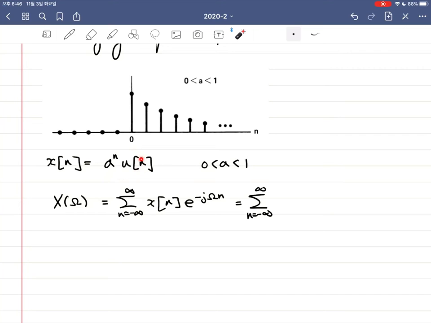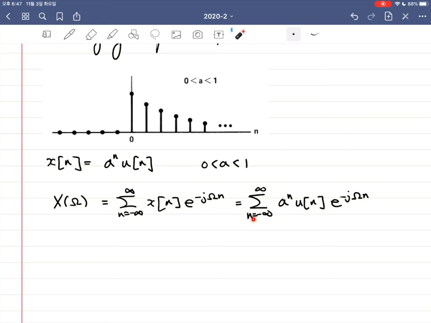So this x[n] is a^n u[n] times e^(-j omega n), right? And you can see from this unit step function that the range of the summation is modified, because you have zeros for negative n.